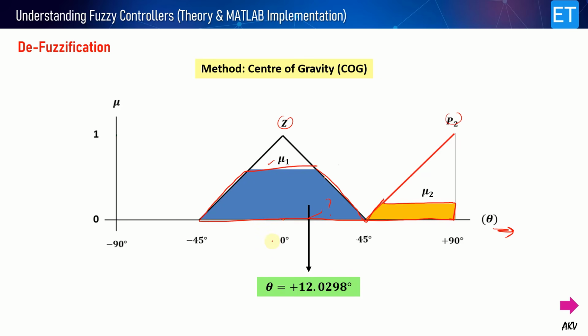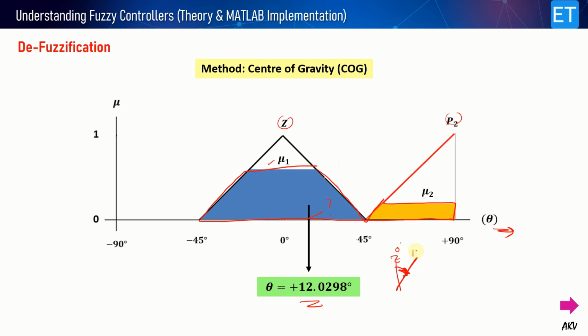It means for 700 psig pressure and 400 degrees Celsius of steam temperature, this FLC will open the valve 12 degrees in the clockwise direction. This is the Z point, 0 point, and it will slightly open the valve to let more steam pass.